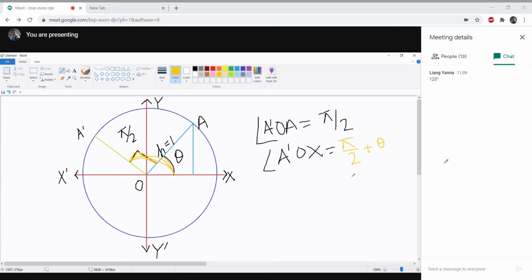Understood? So it will be pi by 2 plus theta, because we know that this value A dash OA is 90 degree, and this angle is theta. So this value will be pi by 2 plus theta. Now tell me, what is the value of this angle?